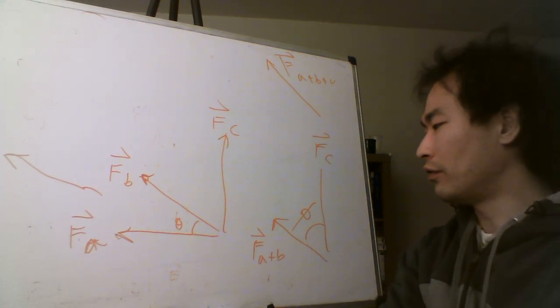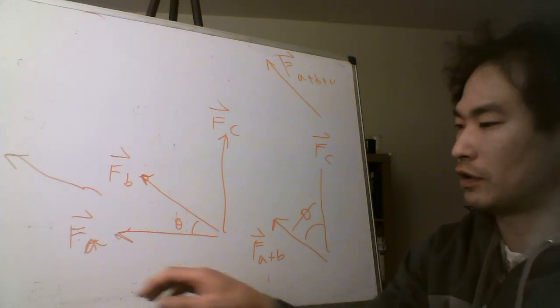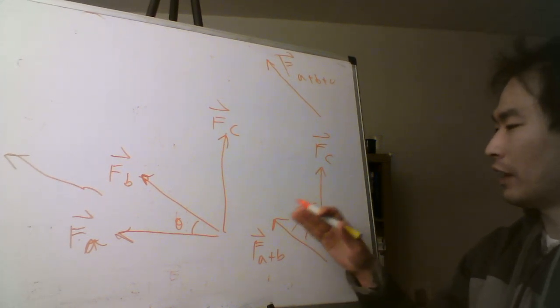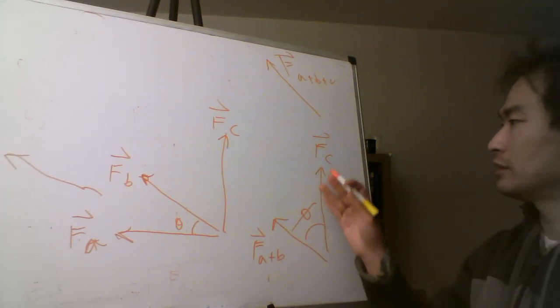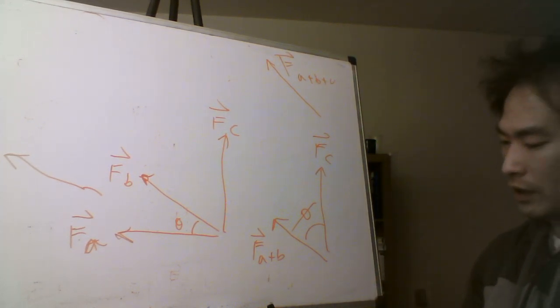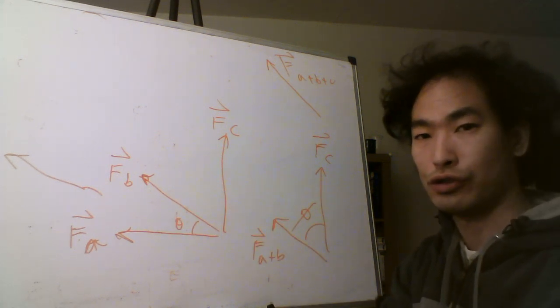That's the kind of formula we want to come up with, okay? We are adding F of A plus B plus F of C. That's F of A plus B plus C, okay? Summation of these 3 vectors.